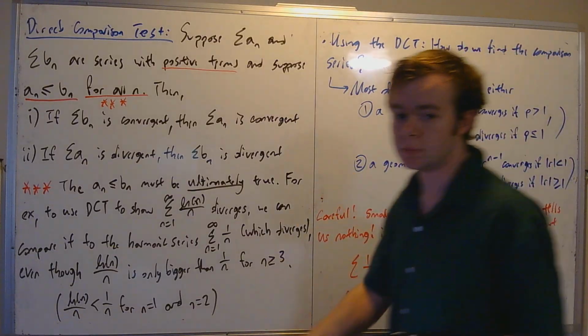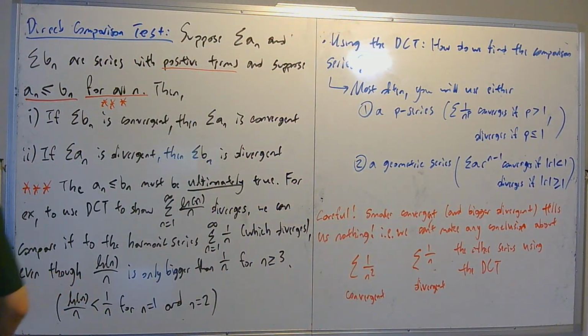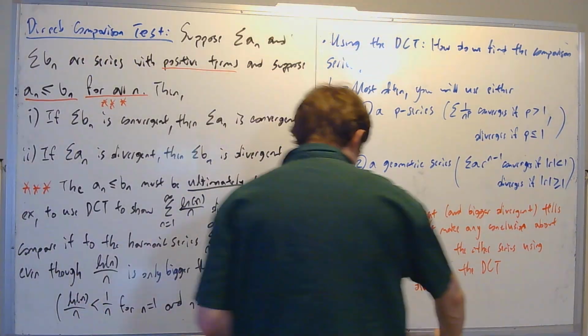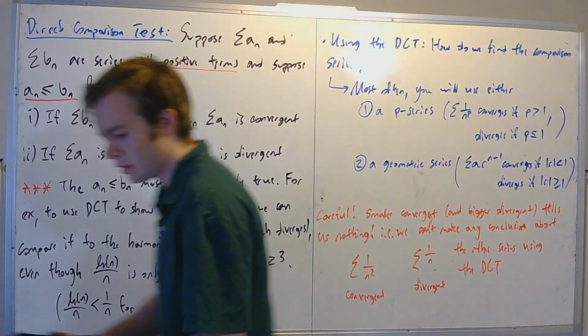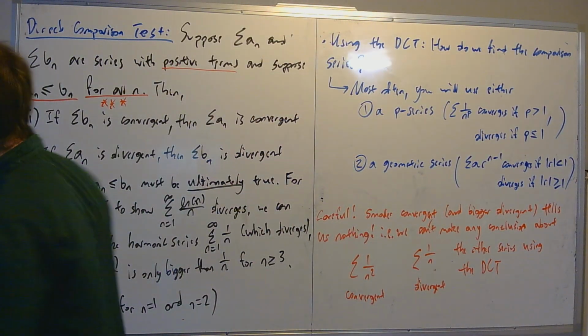So we're not always able to use this, direct comparison test is what I meant to say. We're not always able to use the direct comparison test. You have to be very careful with that type of thing. So let me write down another example to show you why this is the case.